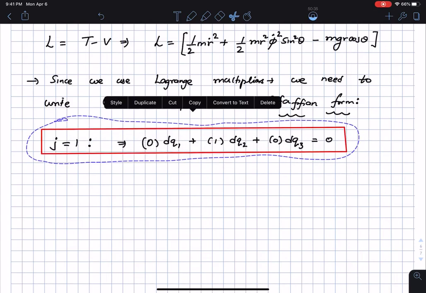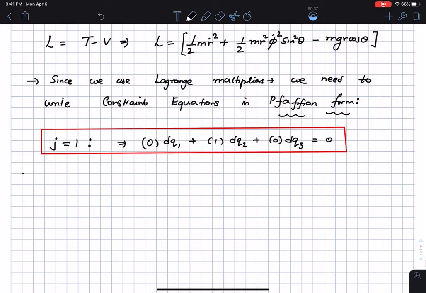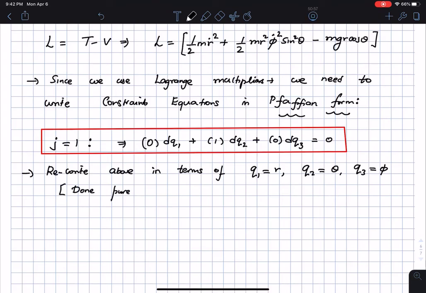This is j is equal to 1. I'm going to rewrite the above in terms of q1 is equal to r, q2 is equal to theta, q3 is equal to phi. This is done purely for the sake of simplicity. Typically I don't do this for problems.